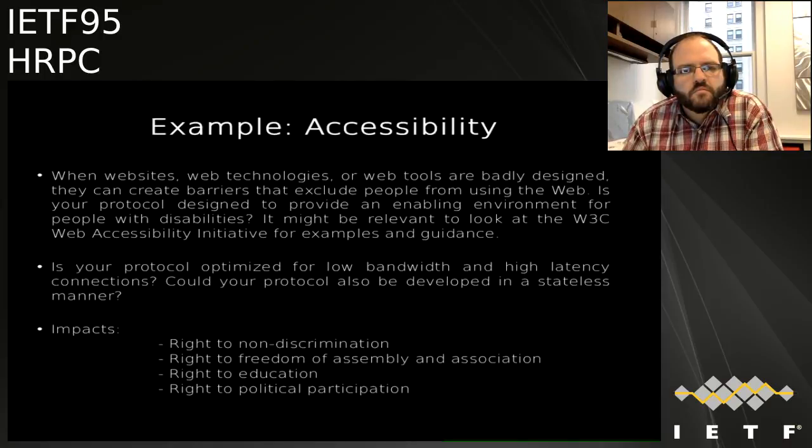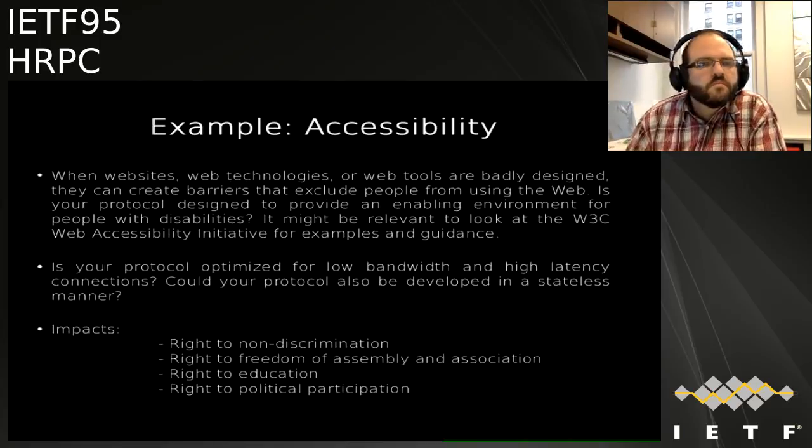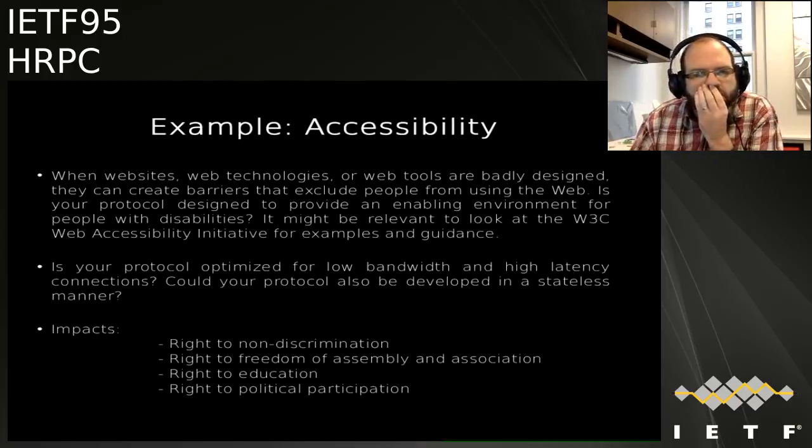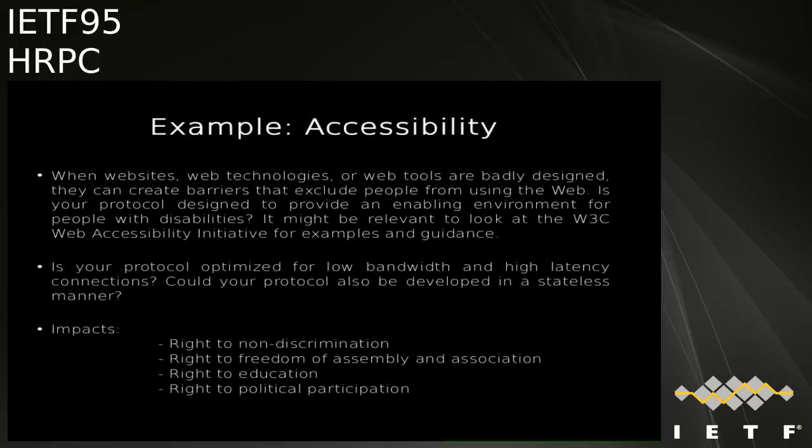You can also ask: is your protocol optimized for low bandwidth and high latency connections? Could your protocol also be developed in a stateless manner? And this impacts the different rights that we've stated below. So the right to non-discrimination, right to freedom of assembly and association, right to education, and right to political participation. Now, this specific bit comes from some of the work we've been doing before, which is trying to understand how different human rights relate to different technical concepts.